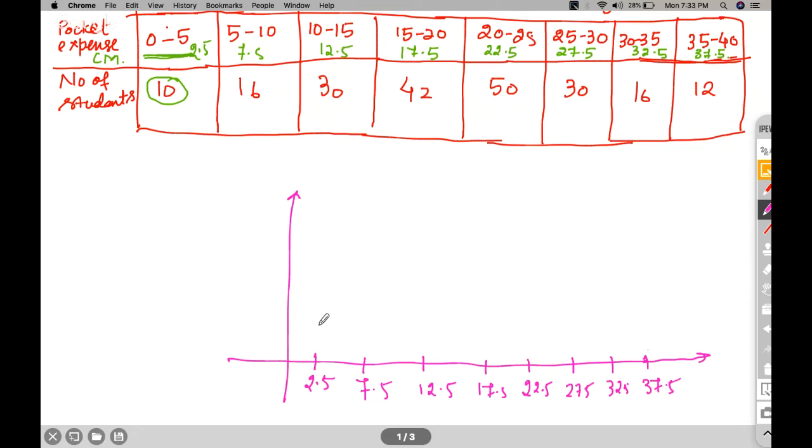So on 2.5, I have 10 here. On 7.5, I have 16 here. On 12.5, I have 30 here.